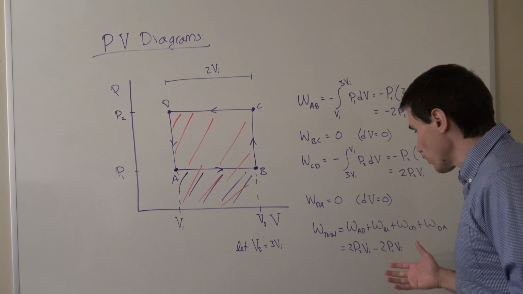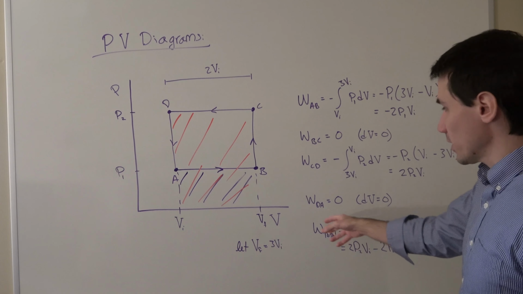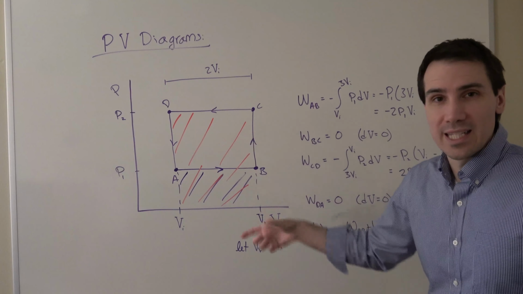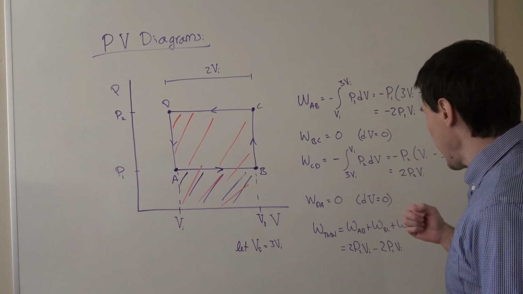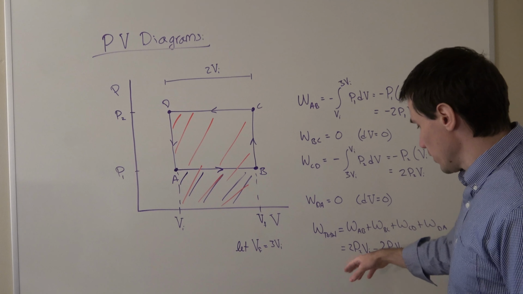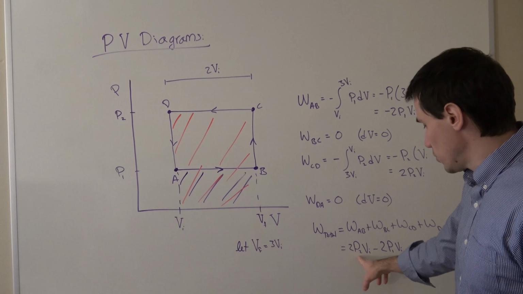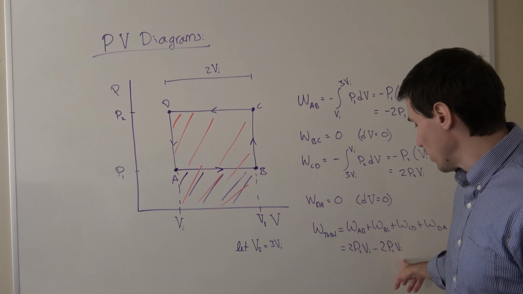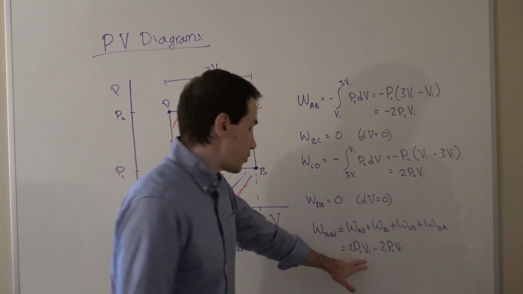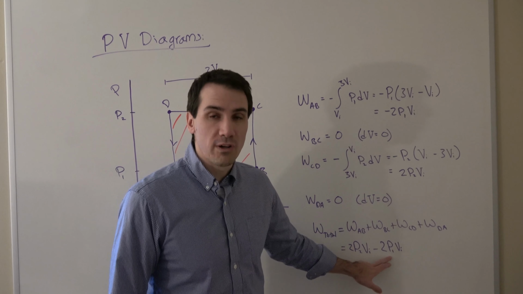If we look at our total work, we see that it is just the sum of the work in each component of the cycle. Two of them are 0, and the other two are 2P2V initial minus 2P1V initial.